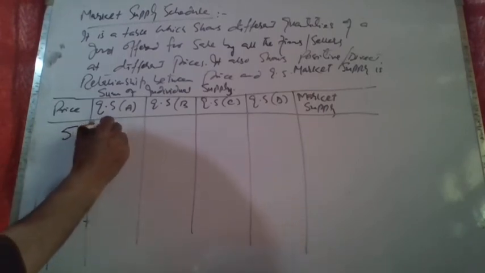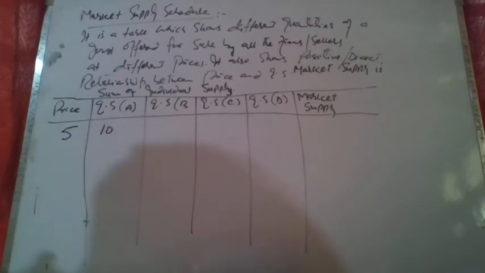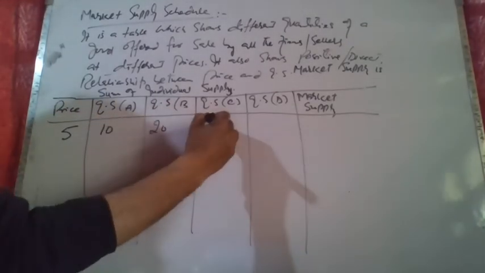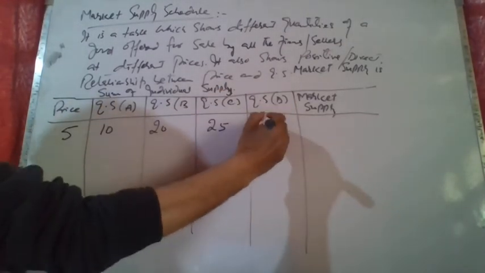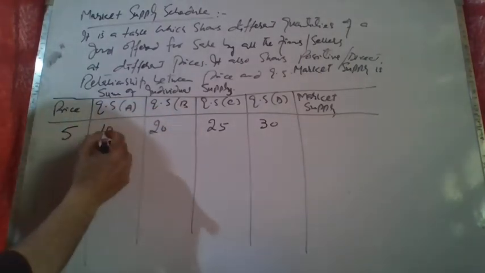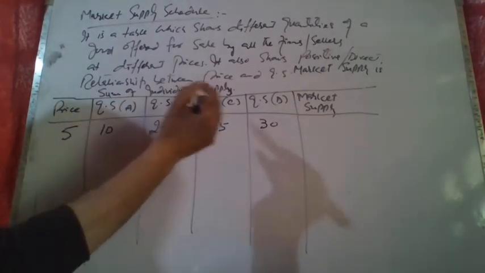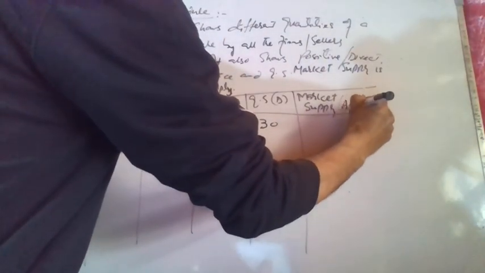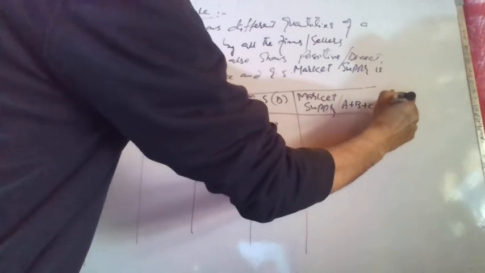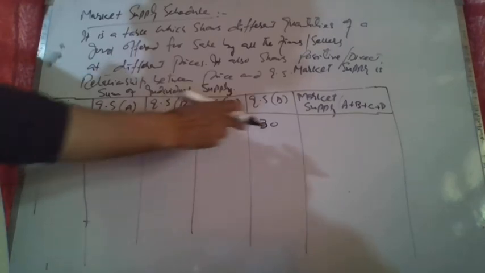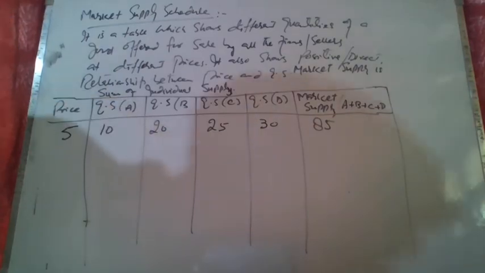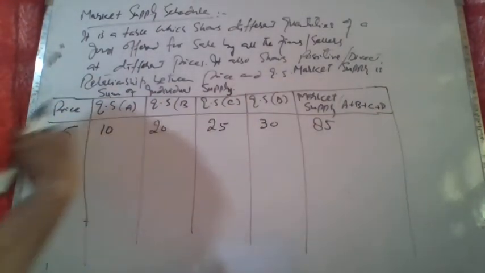The first supplier supplies 10 units. Second supplies 20, third supplies 25, and fourth supplies, for example, 30. The sum of A, B, C, D becomes market supply. Supply of A plus B plus C plus D becomes market supply, that is 85. So here 85 is the sum of individual supply.